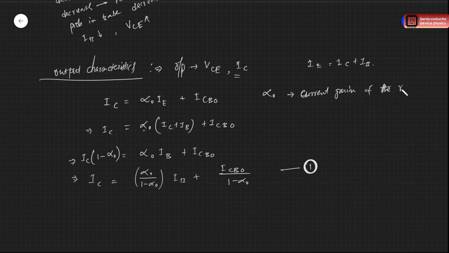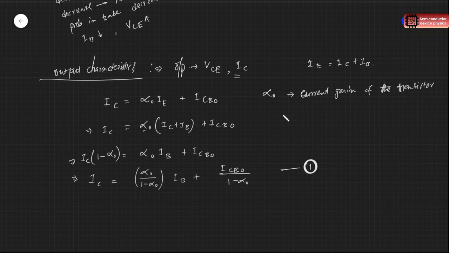In any mode of operation, this is the common current gain. So if we know the current gain, then if you multiply it with IB, we'll get IC. No, sir. Yes. But this, sorry, go ahead.